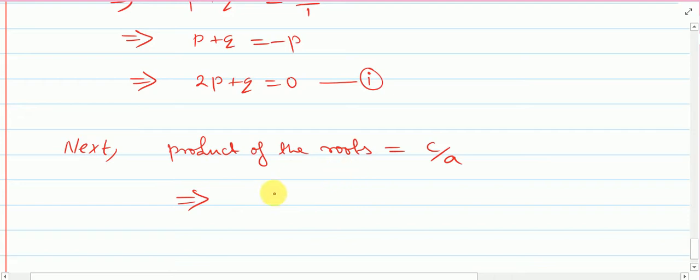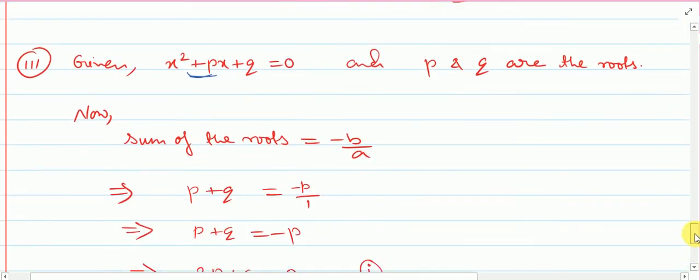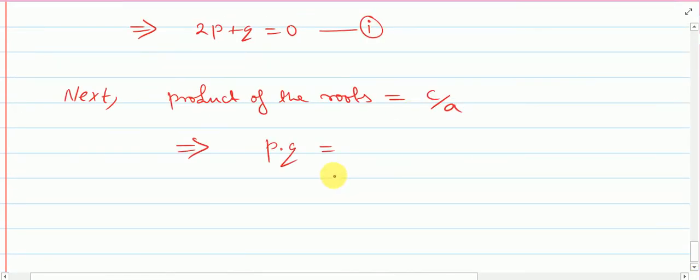So product of the roots we can write P into Q, and here in this quadratic equation your C is Q, okay, and your A is 1, so Q by 1. So you get PQ is equal to Q.